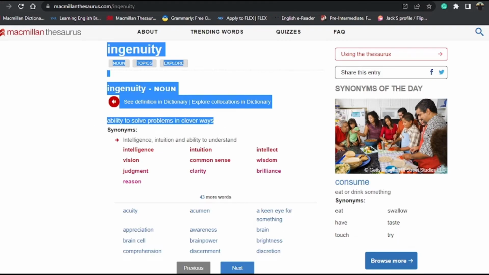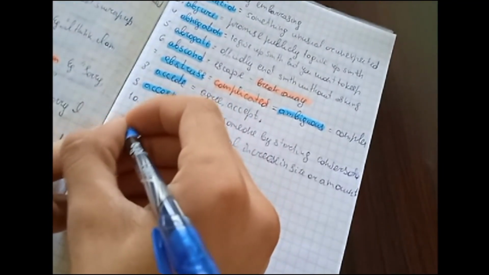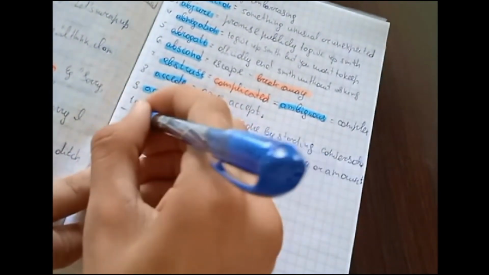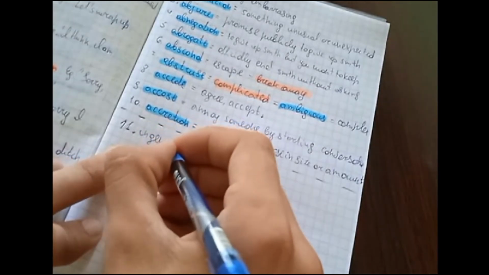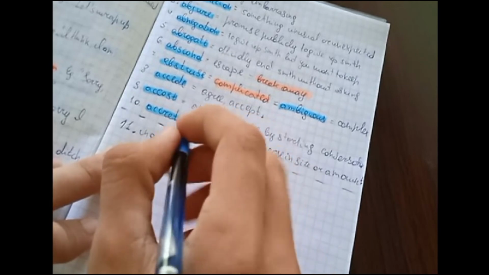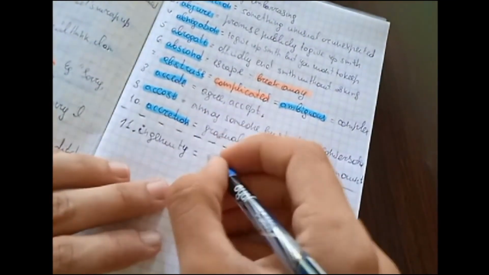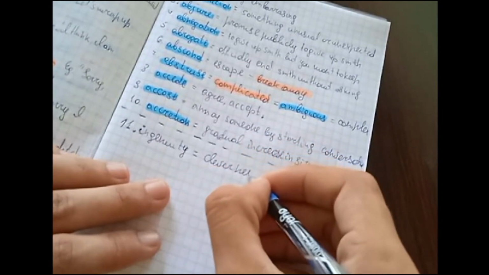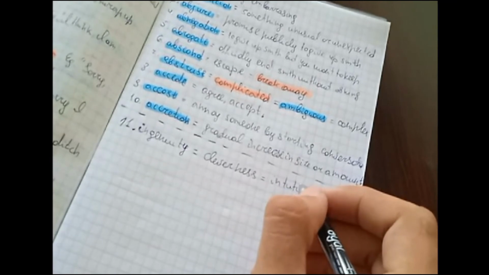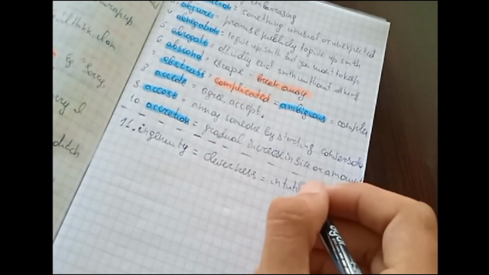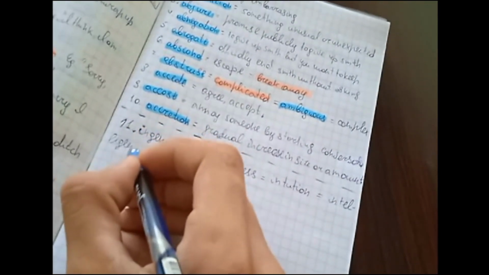Synonyms are cleverness, intuition, and intelligence.